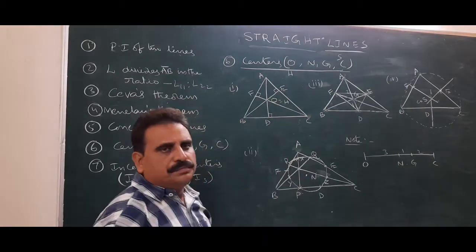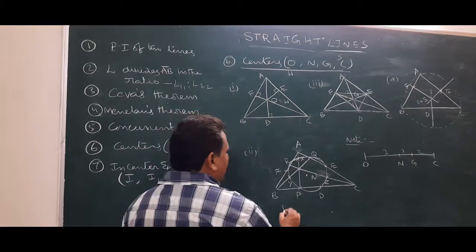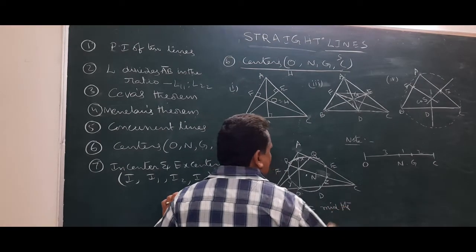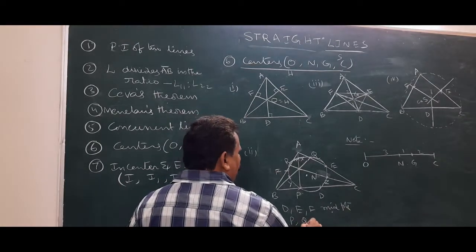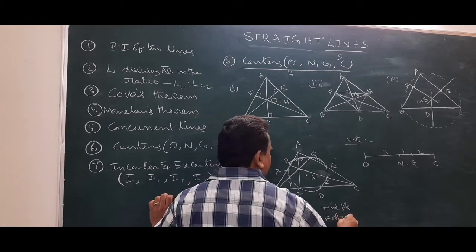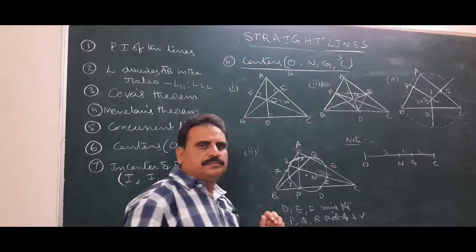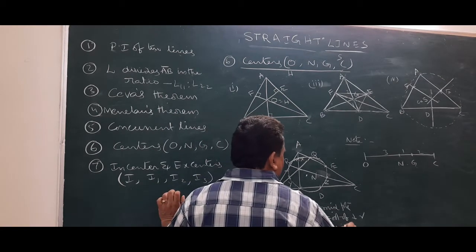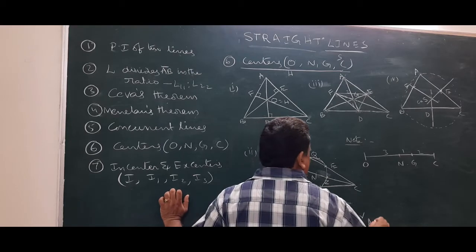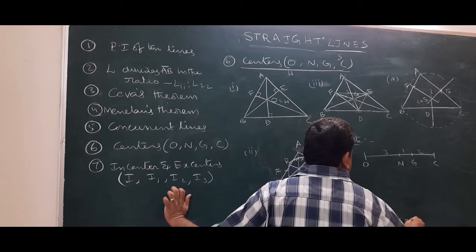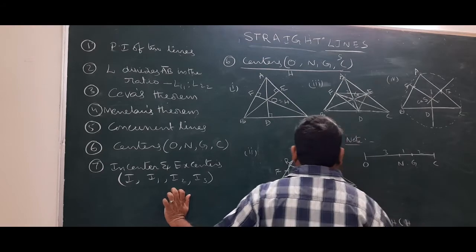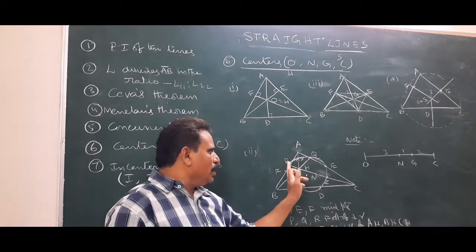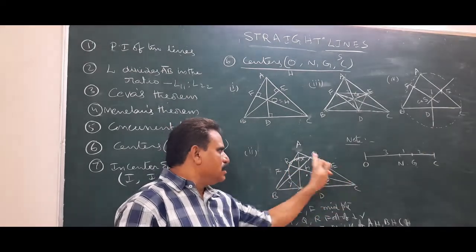Now, coming to the 9-point circle, listen carefully. In triangle ABC, D, E, F are midpoints of the sides BC, CA, AB.